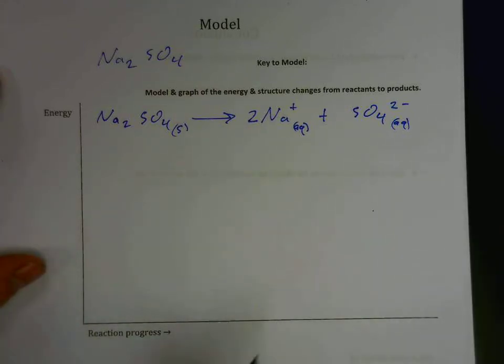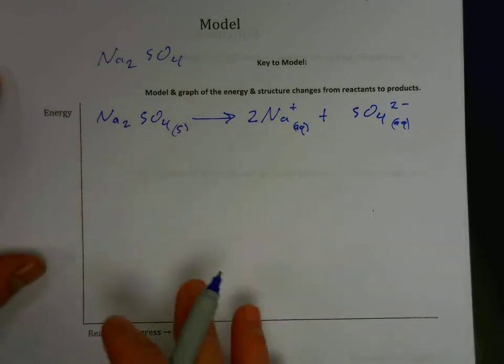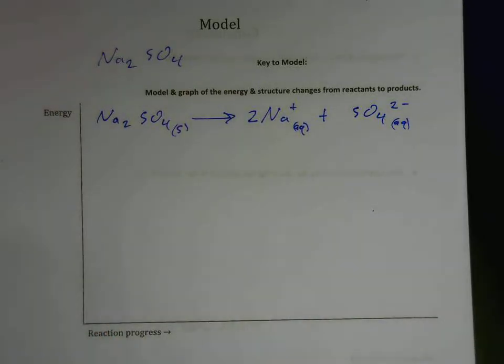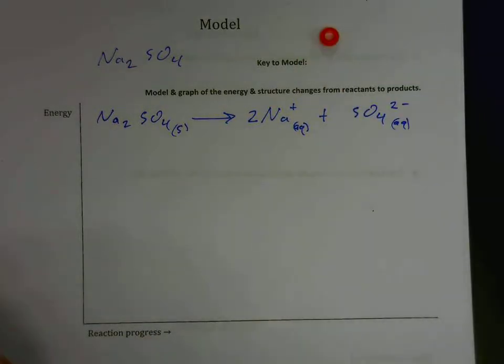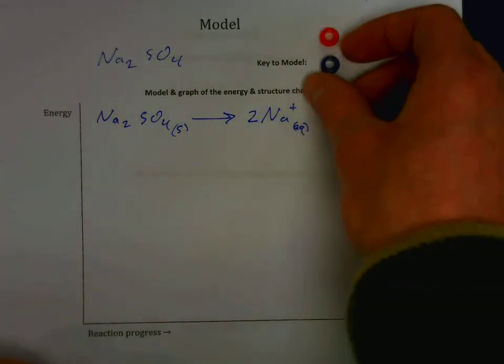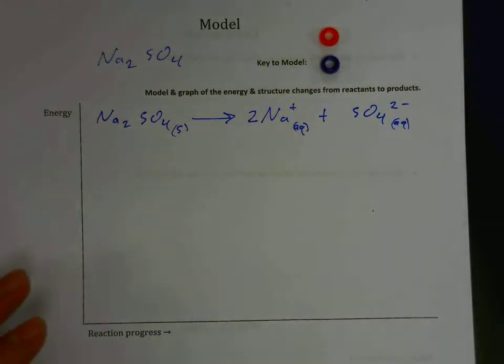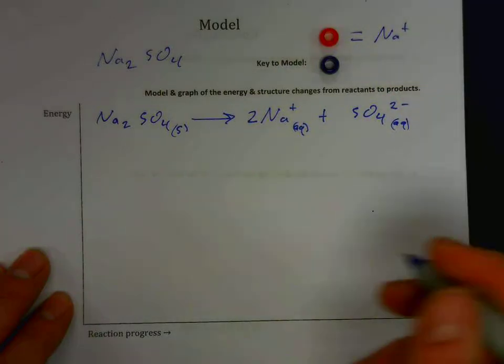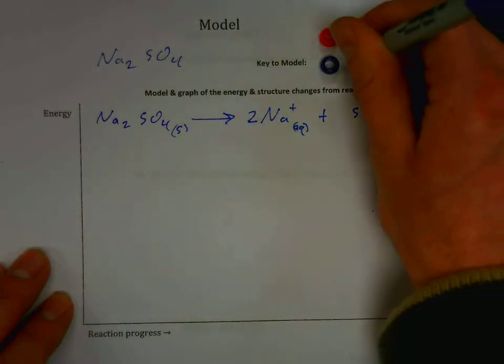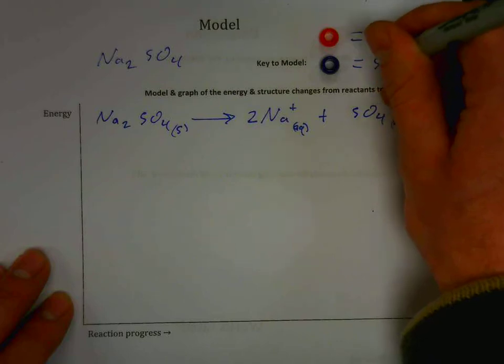So this process you will represent with a physical model, and you'll need to pick different colors to represent the different ions. So let's say I have the red representing the sodium, and the blue then represents the sulfate.